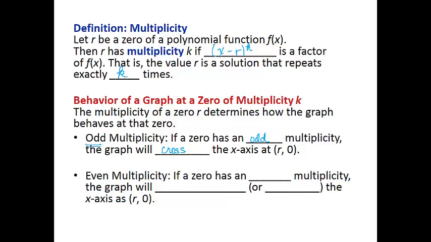If a zero has an even multiplicity, then the graph will bounce off or touch the x-axis at that intercept r, 0. So that gives us a lot of information about the shape of a graph around those x-intercepts.